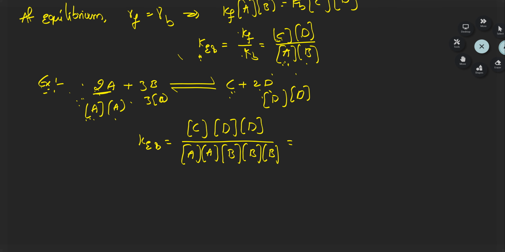Then we can take these as squares: C concentration into D concentration square by A concentration square into B concentration cube. The coefficient of A is 2, so the power of the concentration of A is 2. Here the coefficient of B is 3, so the power is 3. So what is the equilibrium constant definition?